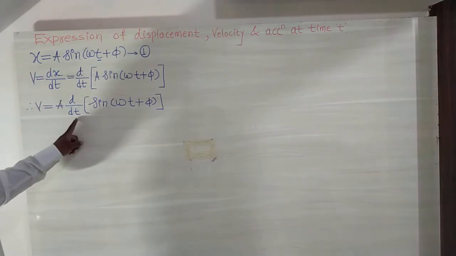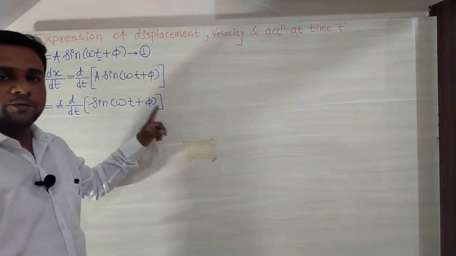We find the derivative of sine of omega t plus phi by using a rule.